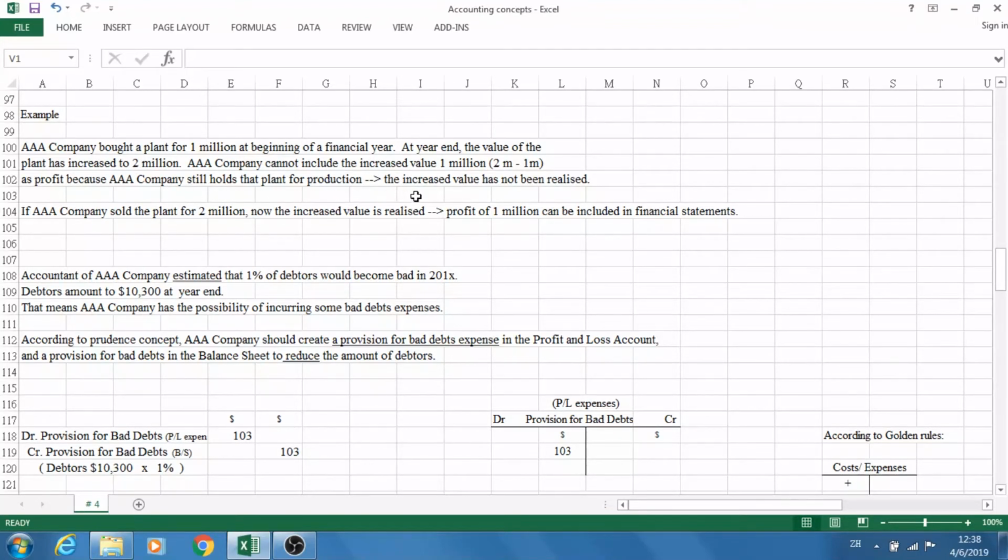The increased value has not been realized. If AAA company sold the plant for 2 million, now the increased value is realized. Profit of 1 million can be included in the financial statements.